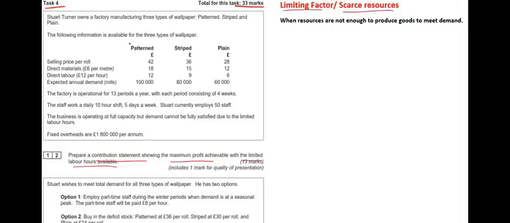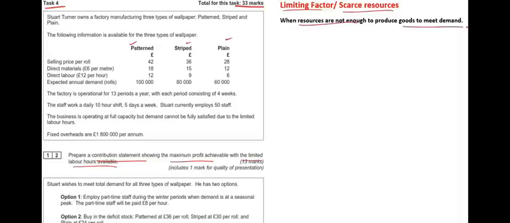For example, we have patterned, striped and plain, 3 products. There must be some resources, maybe labor or machine hour, or could be materials scarce, the factor which is causing the limit to produce at our full capacity. So this is a situation when resources are not enough to produce the goods to meet the demand.